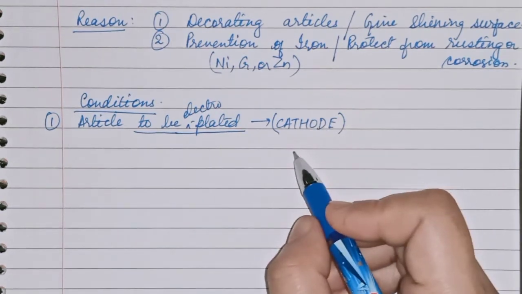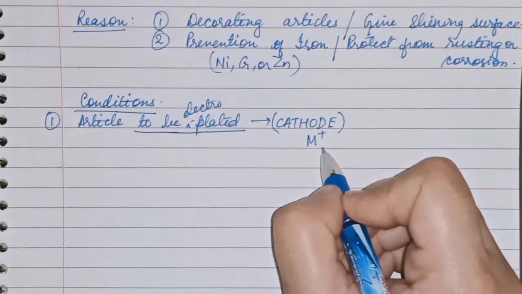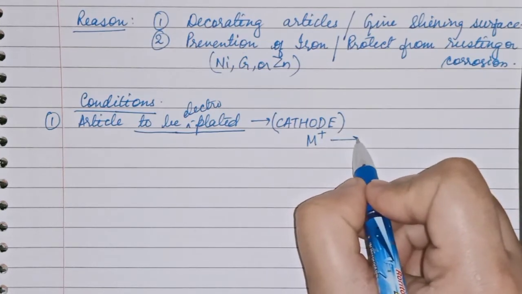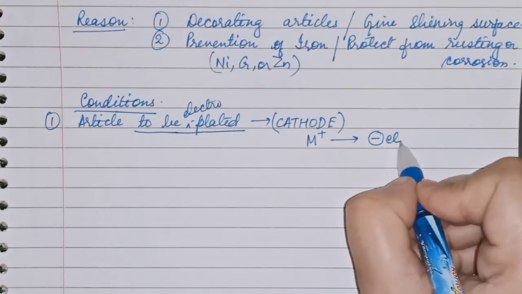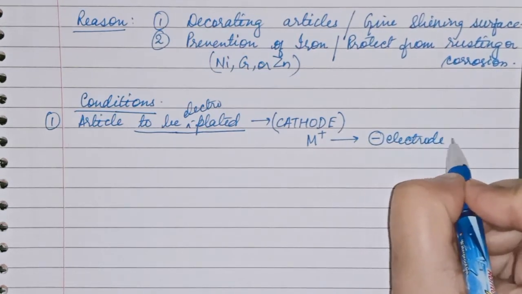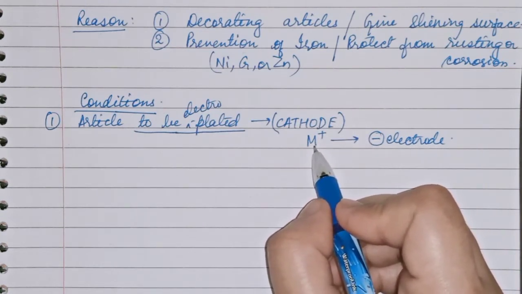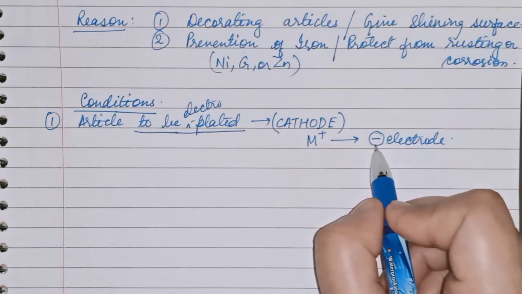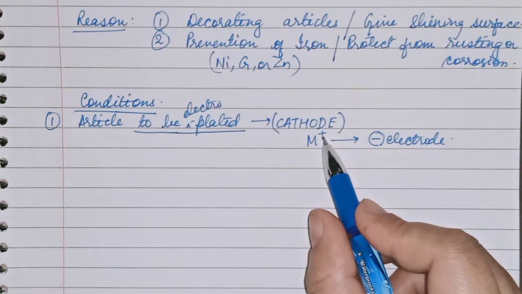Metal ions are mostly positively charged ions, so they will move towards the negative electrode. So when you want any metal to be plated on an article, that article should be the cathode.